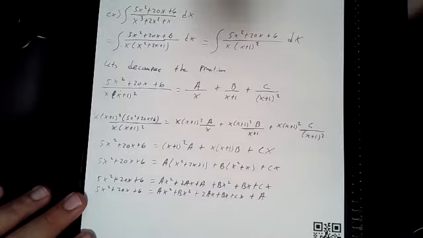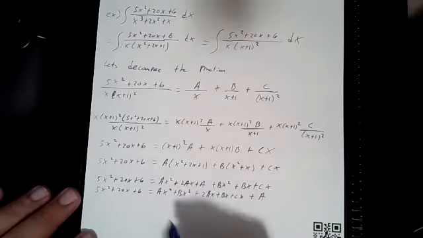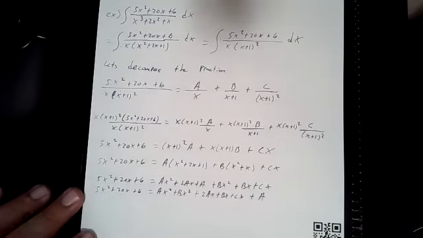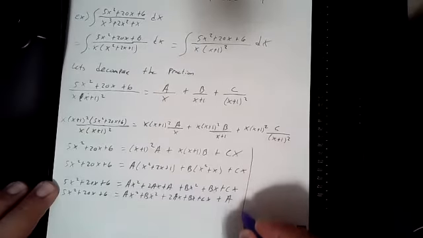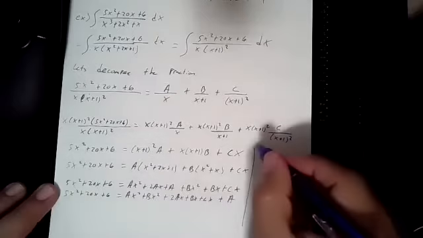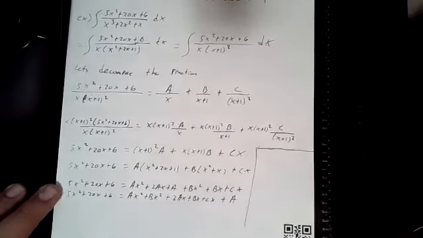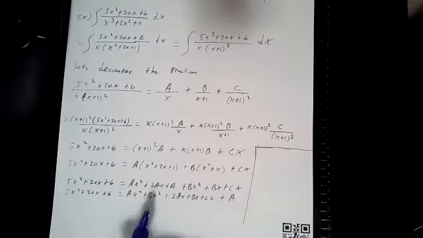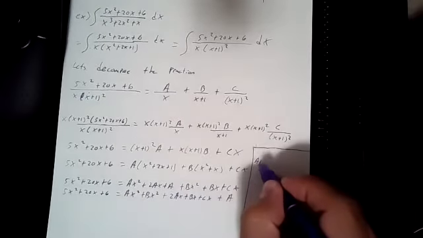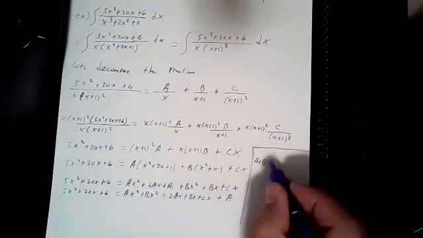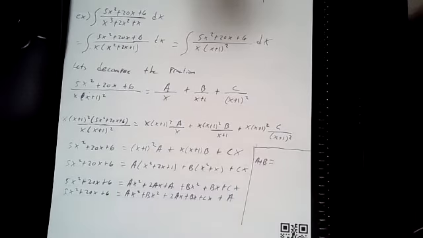to create the system, right? I'm gonna do it over here. So look at the quadratic pieces. A plus b are the quadratic parts. What are they equal to? Do we have a quadratic on the left-hand side? 5x squared.